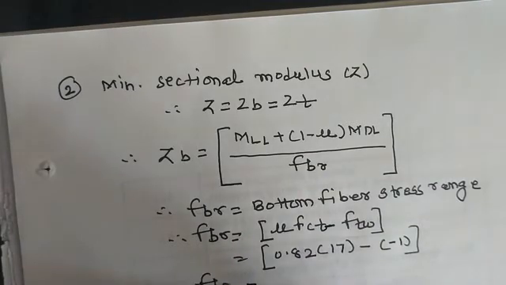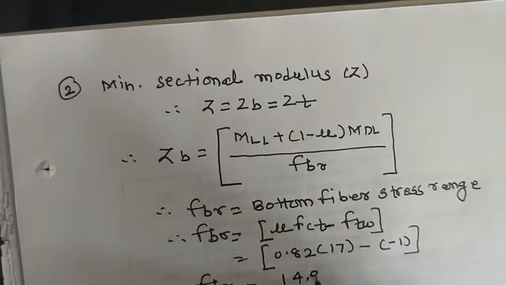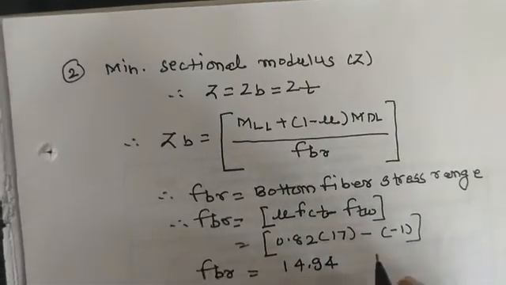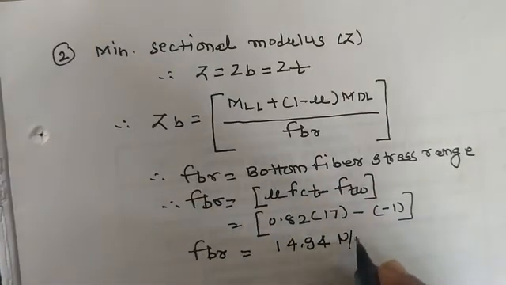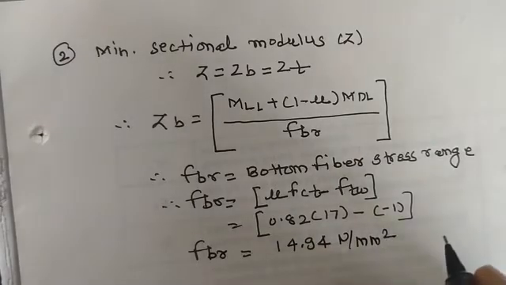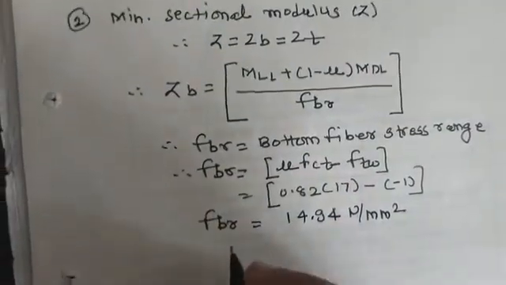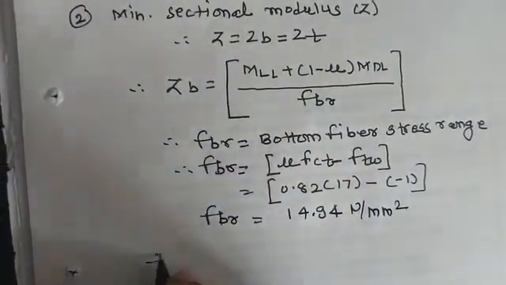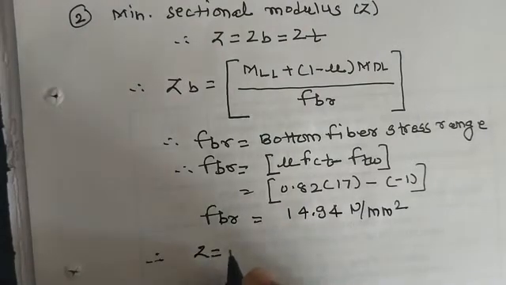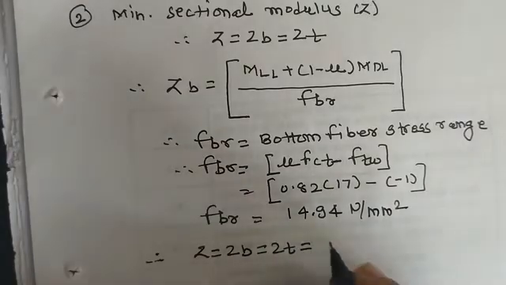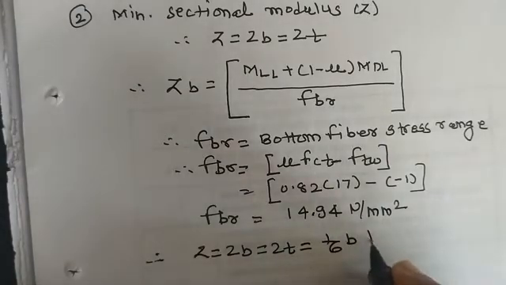After simplification we get the value of FBR is 14.94 Newton per mm square. Once you get the FBR, we know that Z for rectangular section, Z bottom and Z top are the same, and that value is 1/6 BD square.